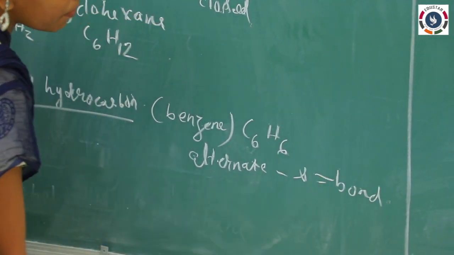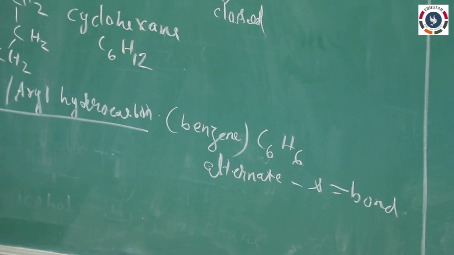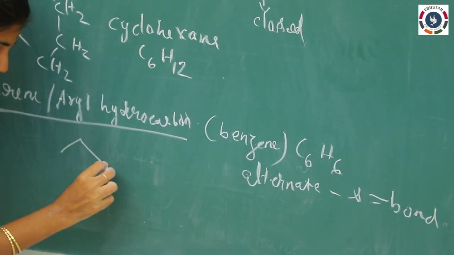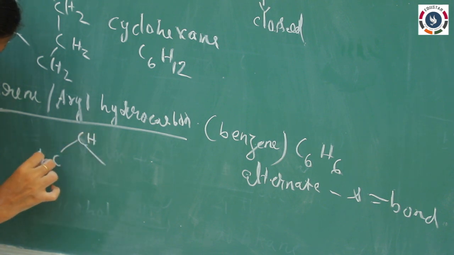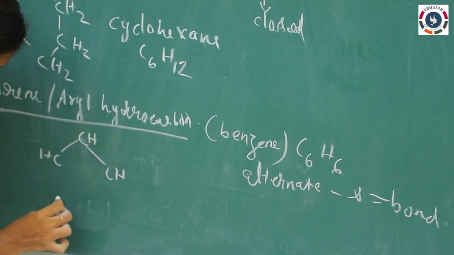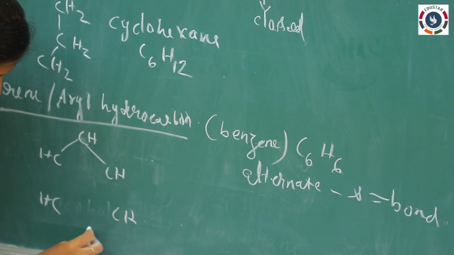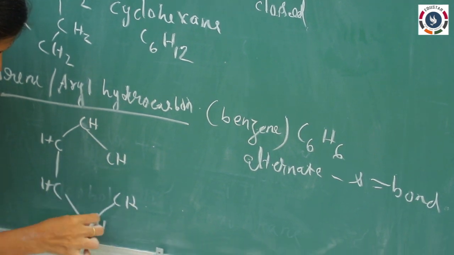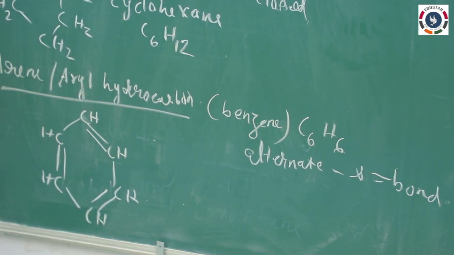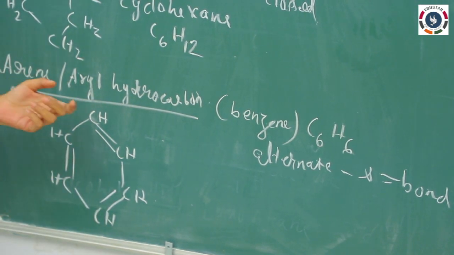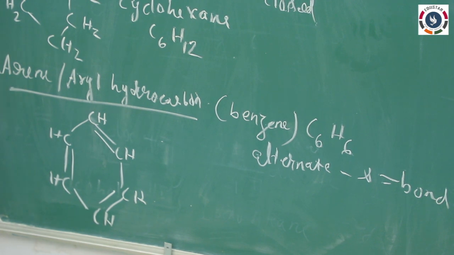So here comes the term unsaturation. So this is the alternate single and double bond. So we will start the structure like this. So I am drawing an alternate single and double bond. This is called an arene or aryl hydrocarbon.